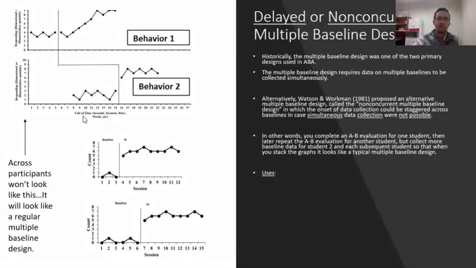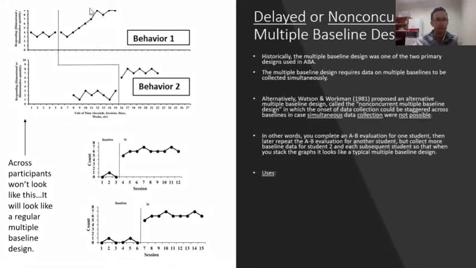But data collection for baseline for behavior 2 then begins. Okay, so let me say that again. So you collect data in baseline for behavior 1, and then you collect data on the behavior during the intervention for that behavior 1, and then you stop collecting data on behavior 1 and you start collecting baseline data on behavior 2.